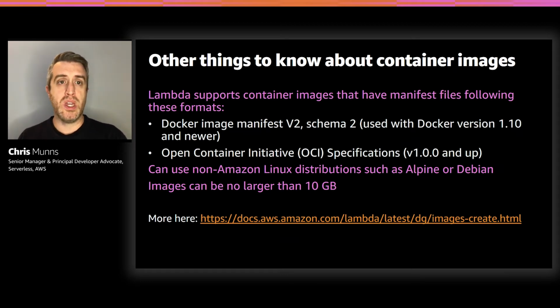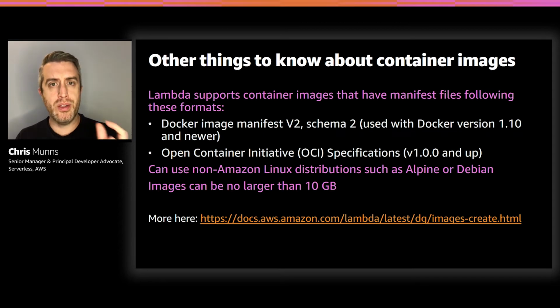These are the ones you see listed here on this slide: the Docker image manifest v2, schema 2, and then the OCI initiative spec v1 and up. So you could build your own containers from scratch if you want to, and they don't need to be Amazon Linux either. You could use Linux distributions such as Alpine or Debian and package up your application, again, so long as it matches the formats for this.